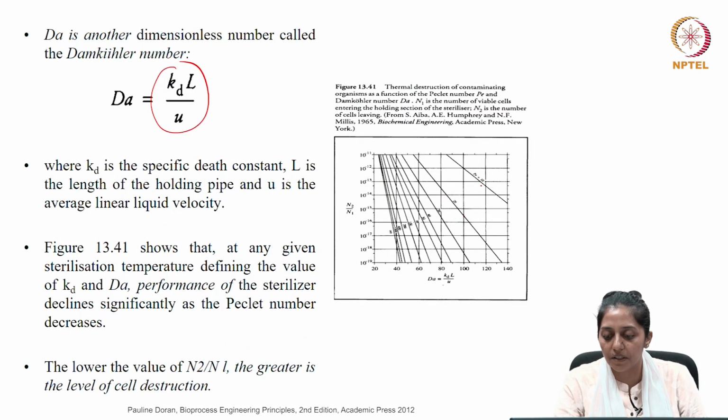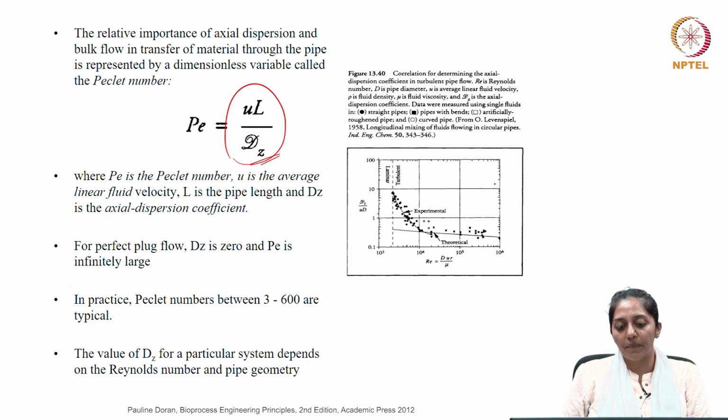You can see from here the ratio of N2 by N1 is going up as the Peclet number decreases, and the Peclet number decreasing means there is higher axial dispersion.